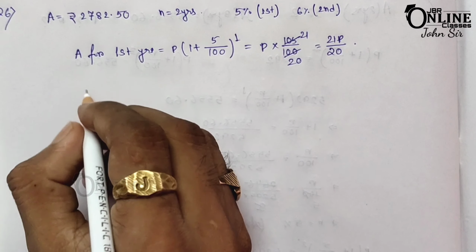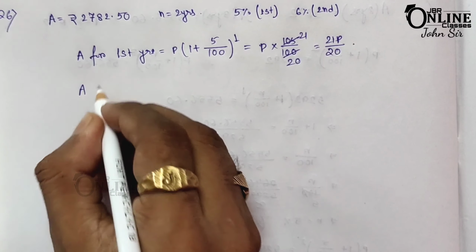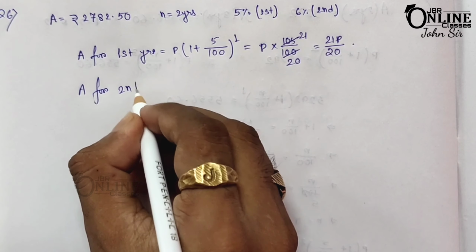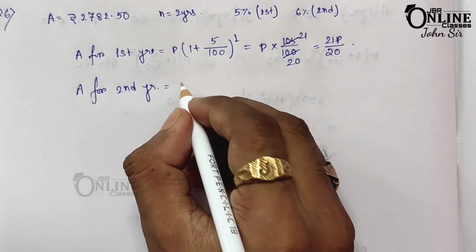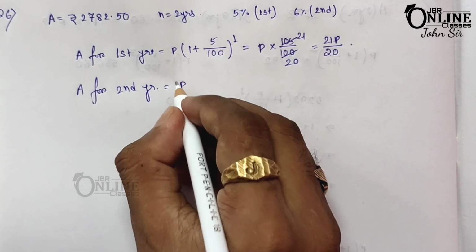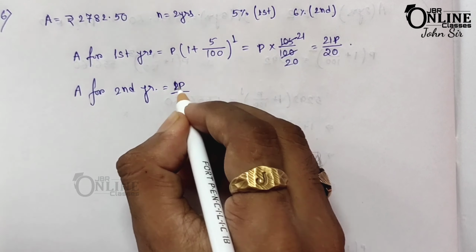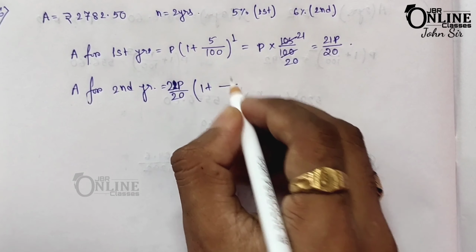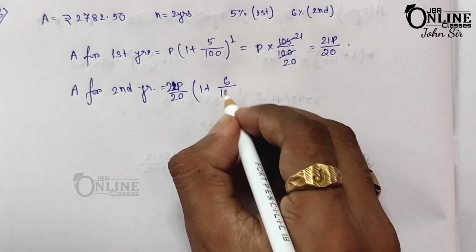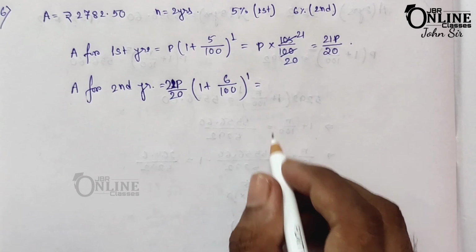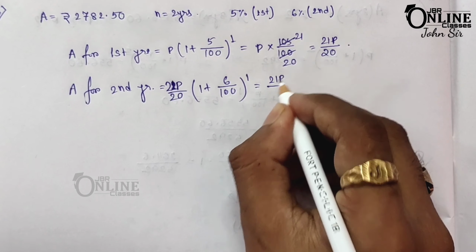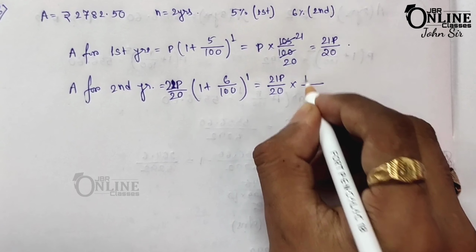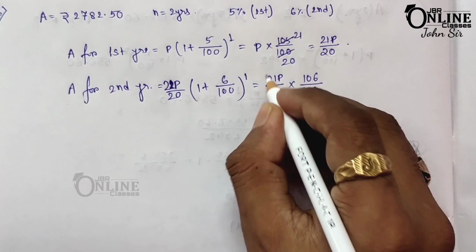So for the next year, the amount for second year equals, again this one is the principal, so 21P by 20 into (1 plus r equal to 6 by 100) whole to the power n, so it will be 21P by 20 into 106 by 100.